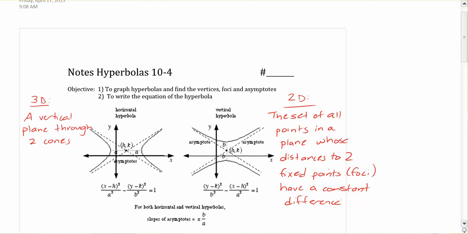I want you to make sure that you understand what a hyperbola looks like three-dimensionally and how you can define it three-dimensionally and two-dimensionally.